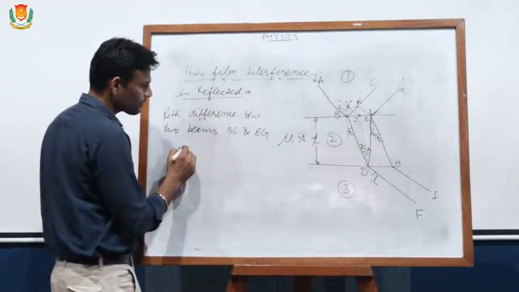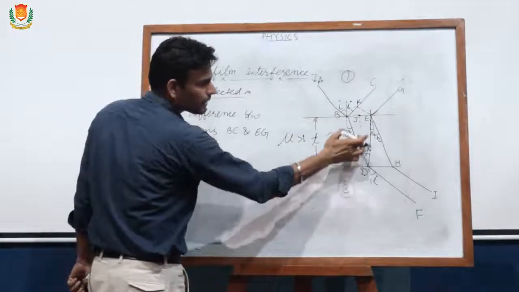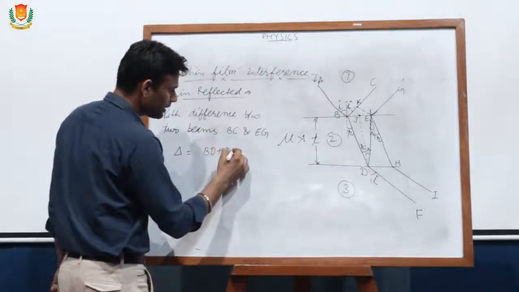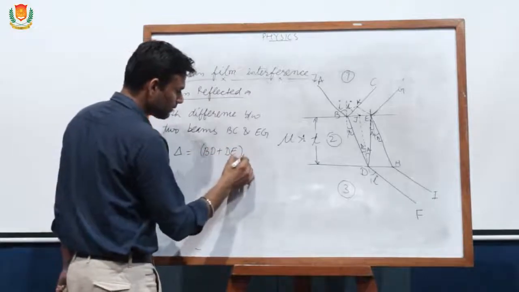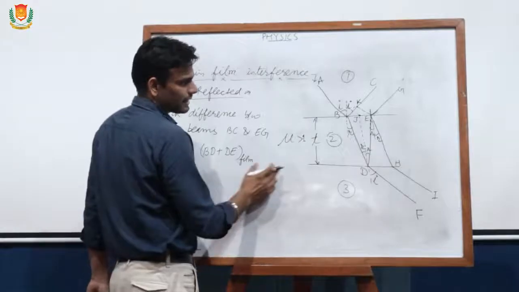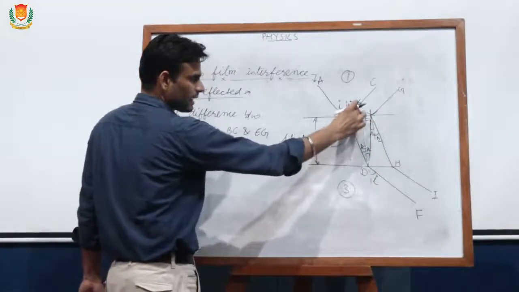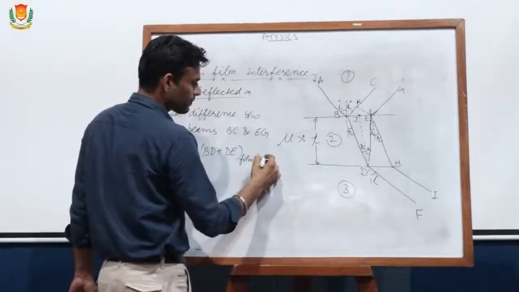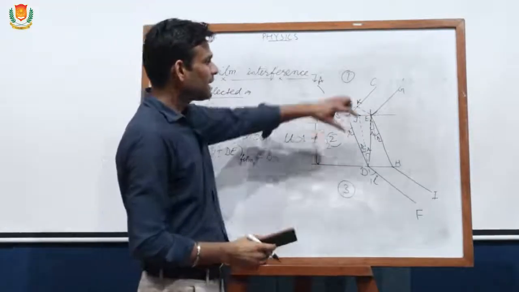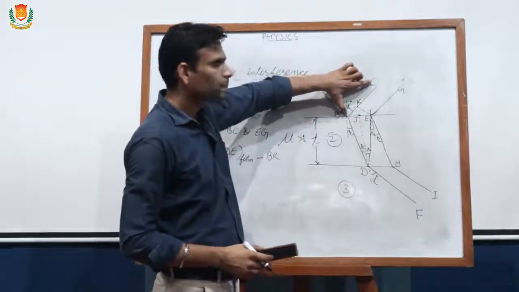Delta is equal to BD plus DE. This is the path in the film. This path is traveled by the second beam in the film. And this is the path BK. This path is traveled extra by beam 1, or beam BC.